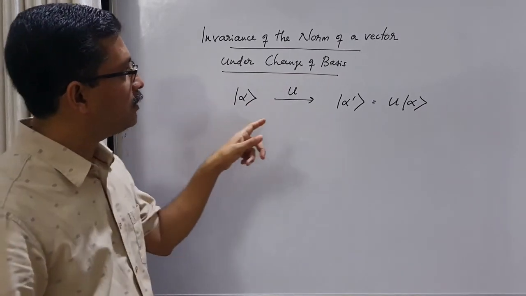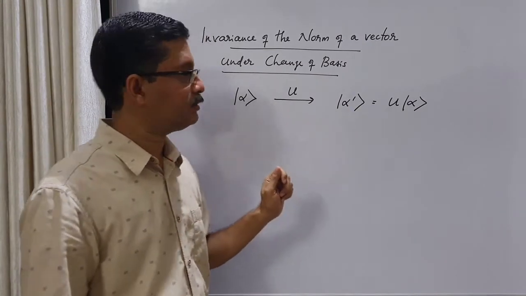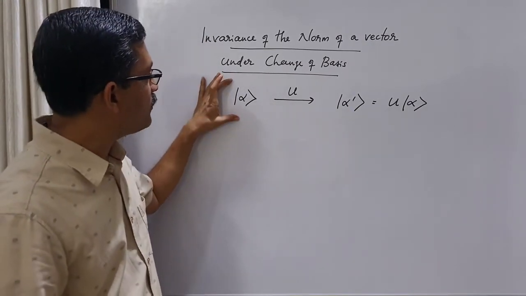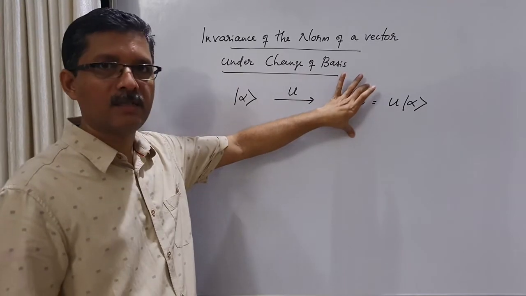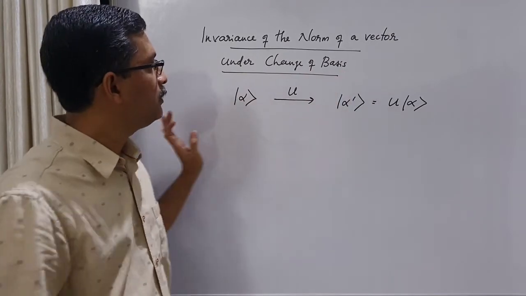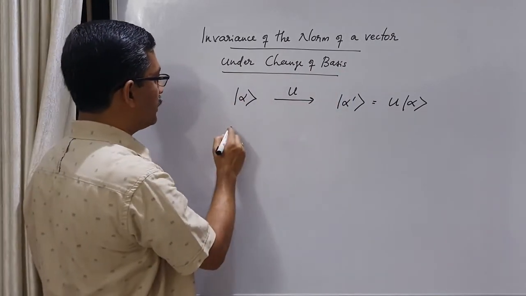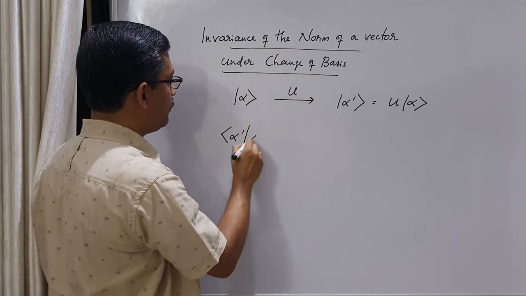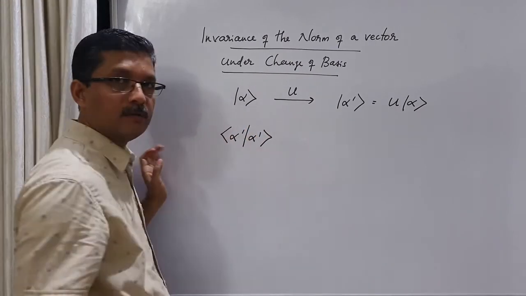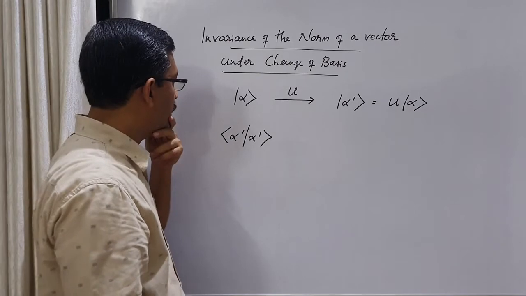Let us look at the norm of the vector. So we have two vectors here. Old vector is ket alpha, new vector is ket alpha prime. So what is the norm of this new vector? Alpha prime, alpha prime. That's the square of the norm.